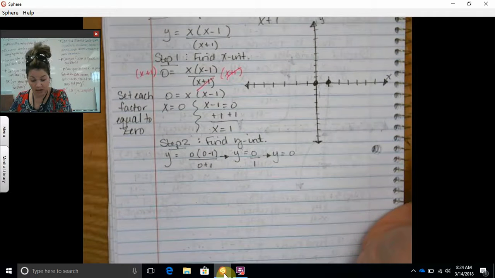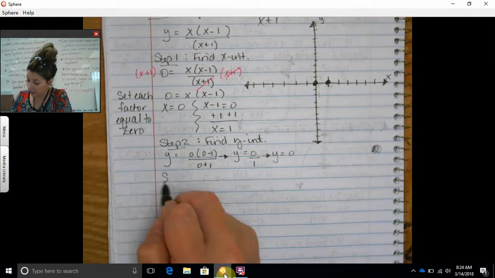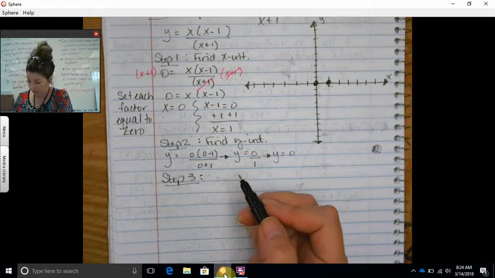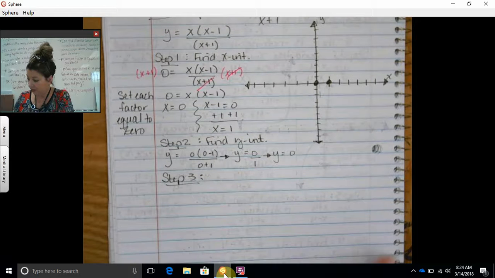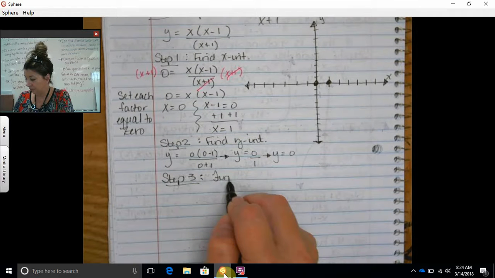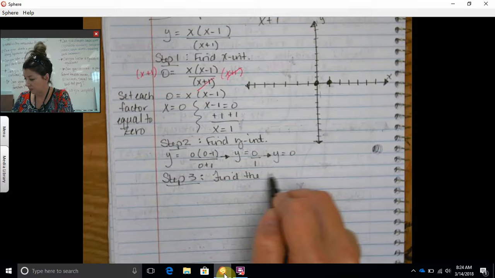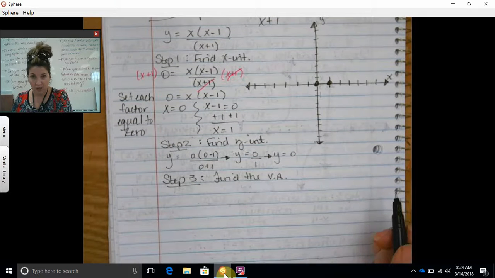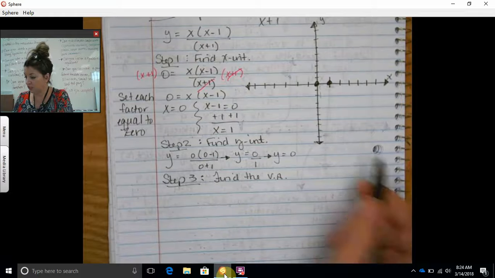All right, well, let's find some intercepts. I mean, not intercepts. What are they called? Asymptotes. Step 3, we're going to find the vertical asymptote, also known as the VA. To do that, you want to look at your restrictions.